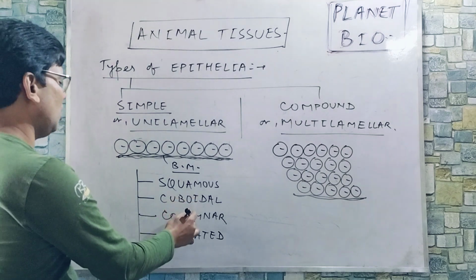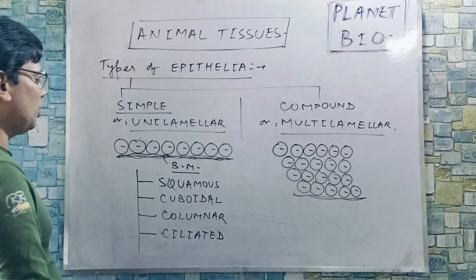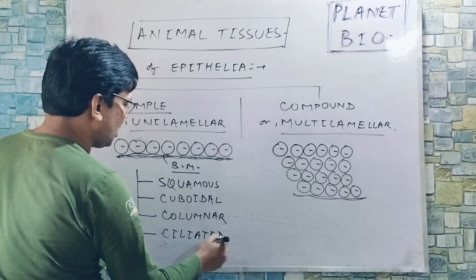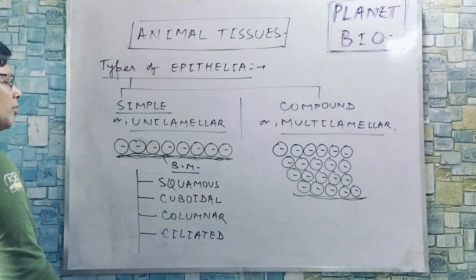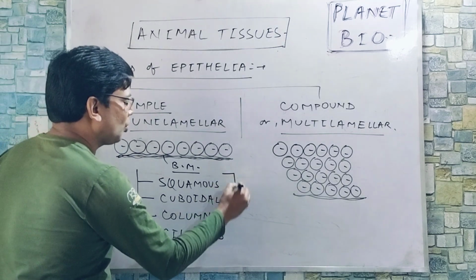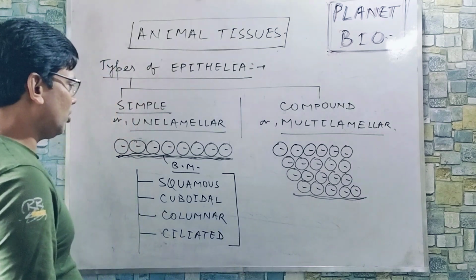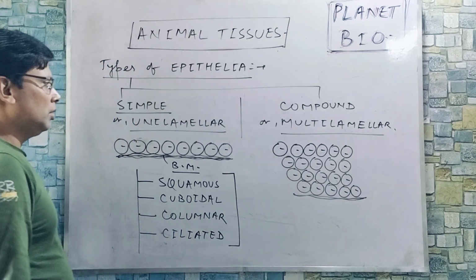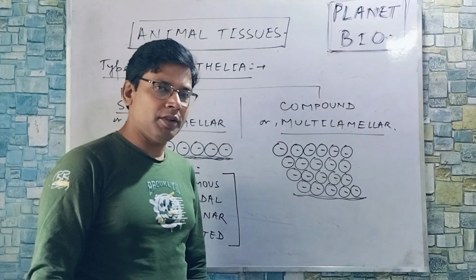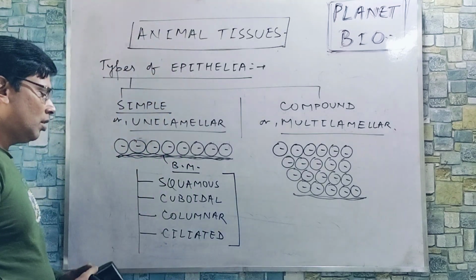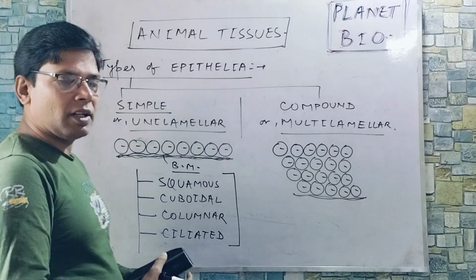The cuboidal or columnar epithelium, if they have cilia, they become ciliated. So four common types of epithelia you can study. Many years back we used to mention pseudostratified epithelia.